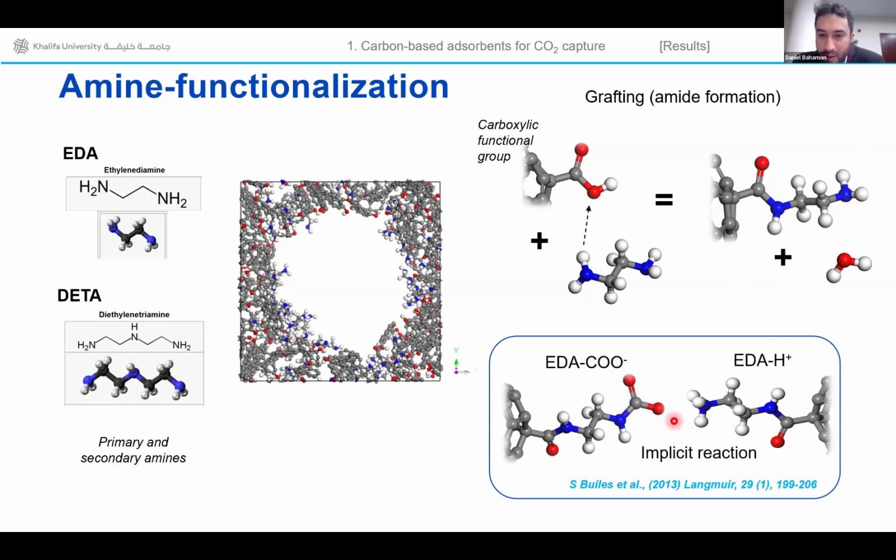So we are assuming that at a specific pressure, at very low pressure, the CO2 will be absorbed and will react with this amine and form this carbamate. So most probably half of the amines we have in our system will be fully chemisorbed with this CO2.